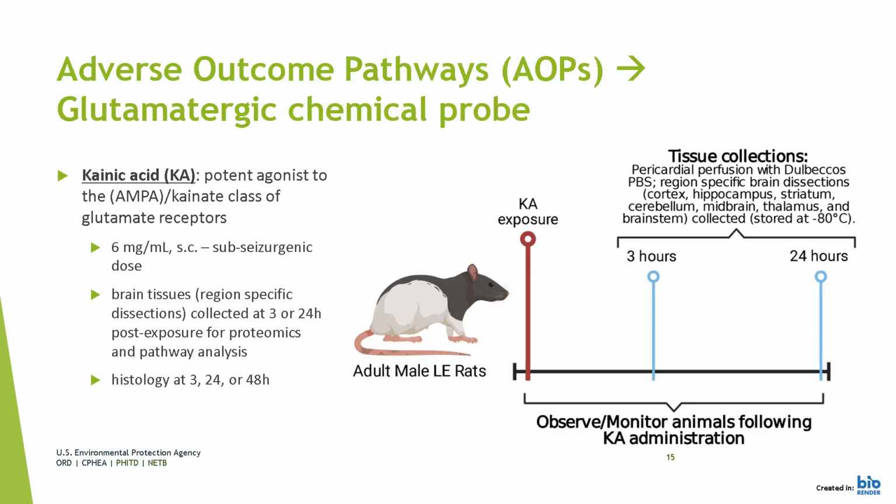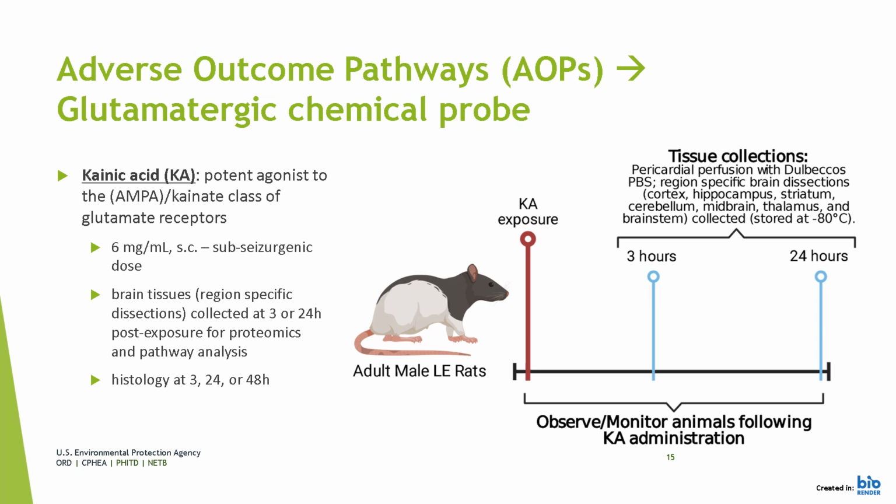The study was done acutely in adult male Long Evans rats, examining doses that do not produce myoclonic seizures, as kainic acid has been used as a pharmacological tool in other studies. We collected tissues for proteomic analysis at 3 or 24 hours following exposure, performing region-specific dissections of the brain.